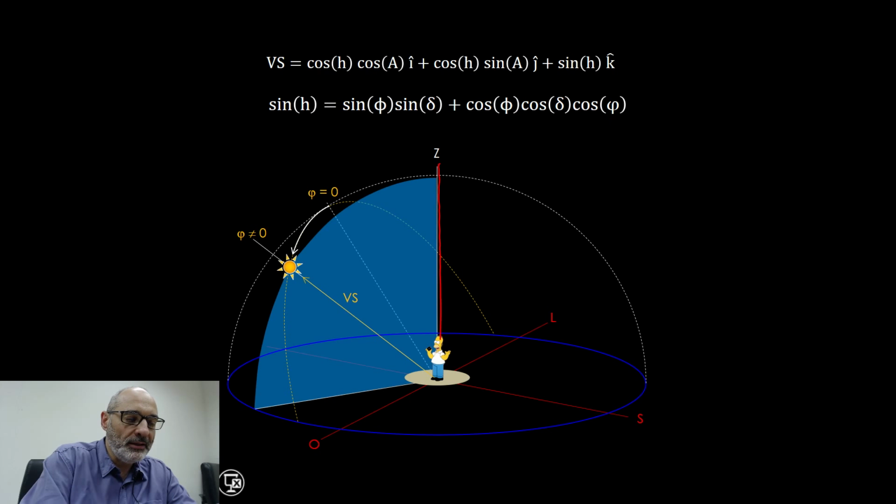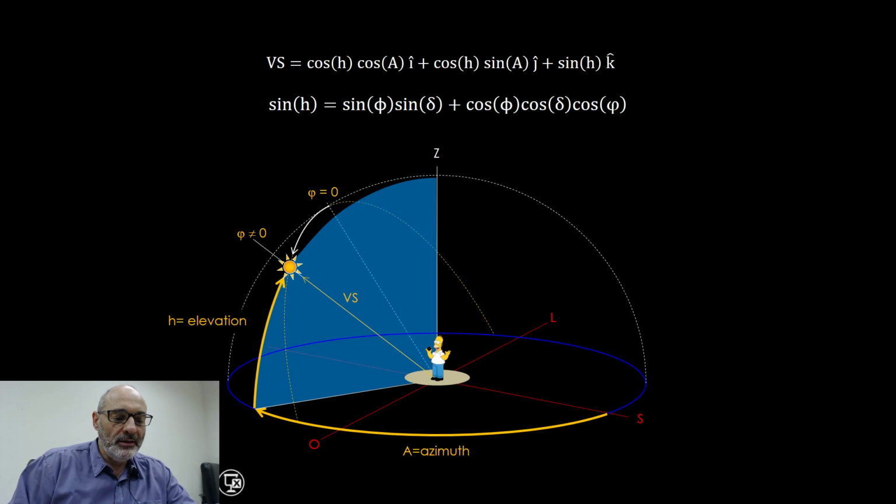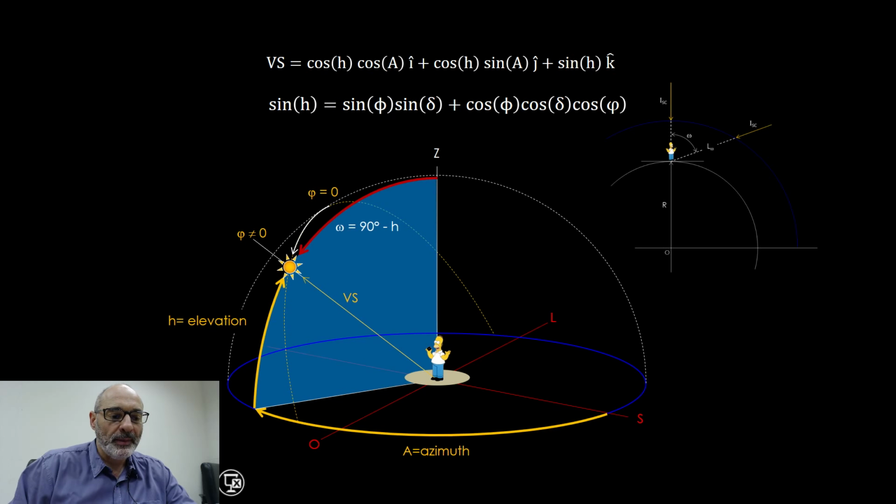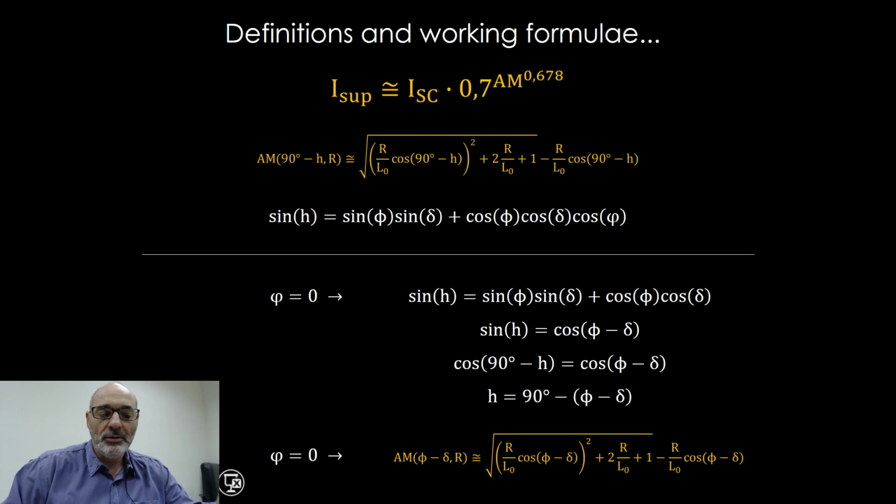If we define this plane between the zenith and the solar vector, we can plot the azimuth and the elevation of the sun, and also the equivalent of an hour angle omega, which in this case, it's easy to see, is 90 minus h.